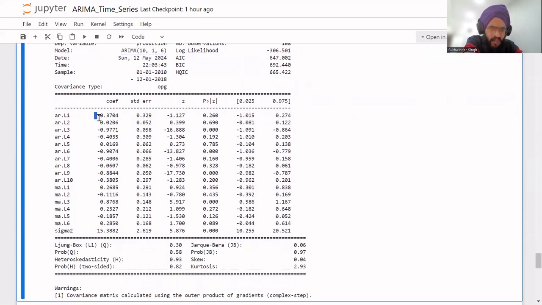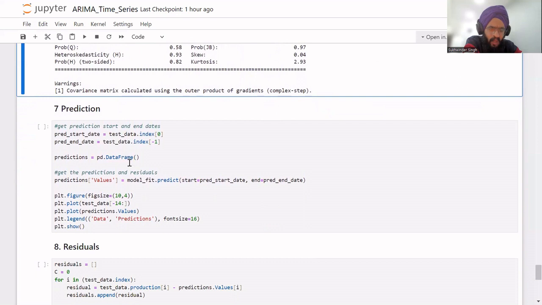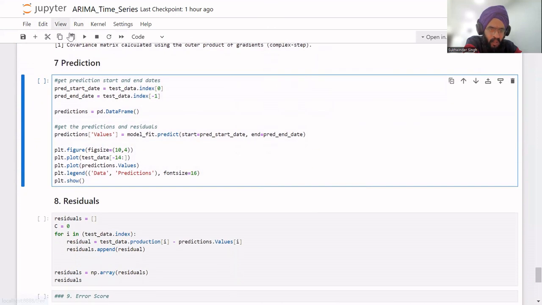Here the coefficient for autoregression 1 is minus 0.37, and it has a p-value of 0.260. And then we have autoregression 2, which has a coefficient of 0.026. So these are the parametric evaluation of the model with respect to 10,1,6 as a hyperparameter.